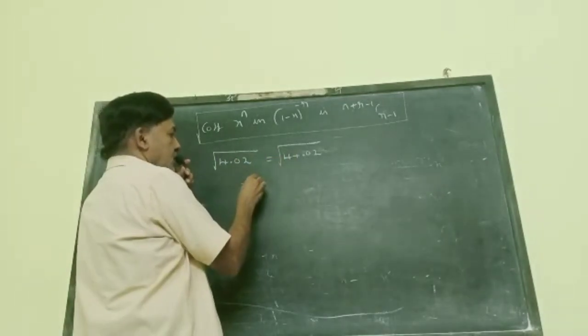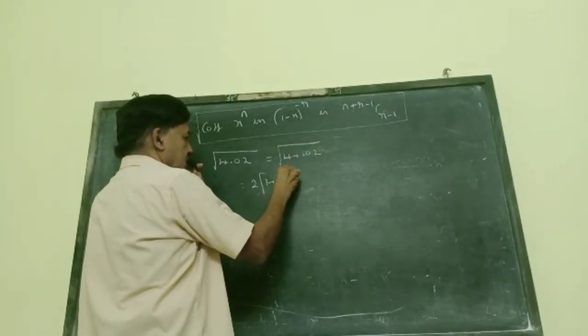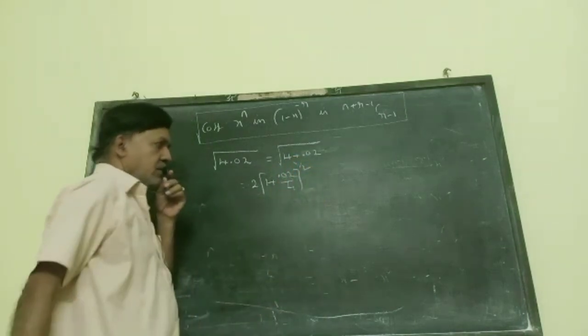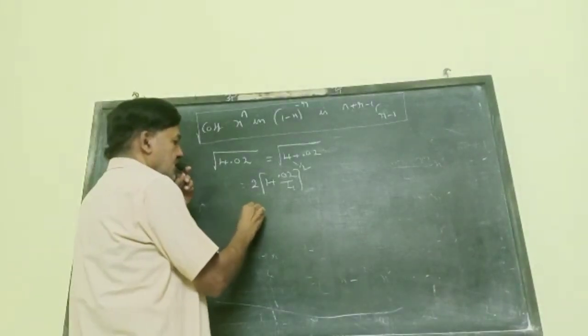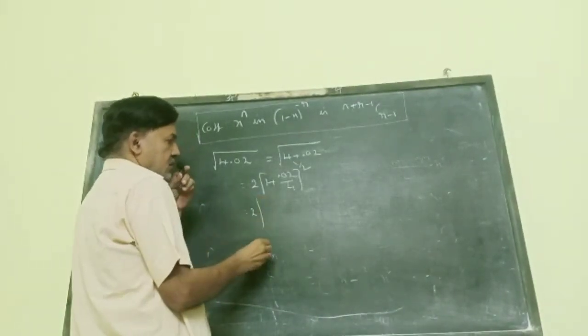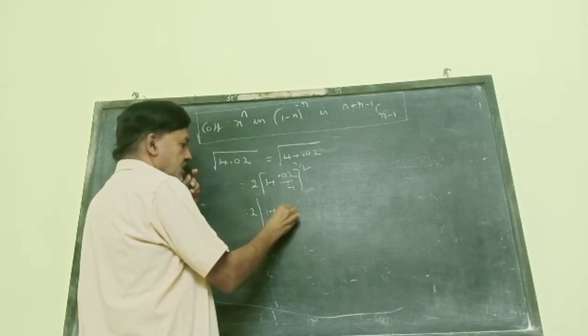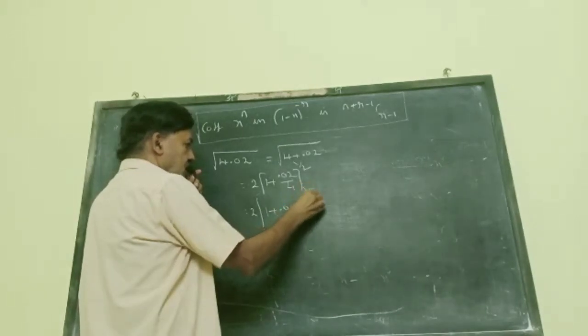You take out 4 outside. 2 into (1 + 0.02/4)^(1/2). This is 2 into (1 + 0.005)^(1/2).